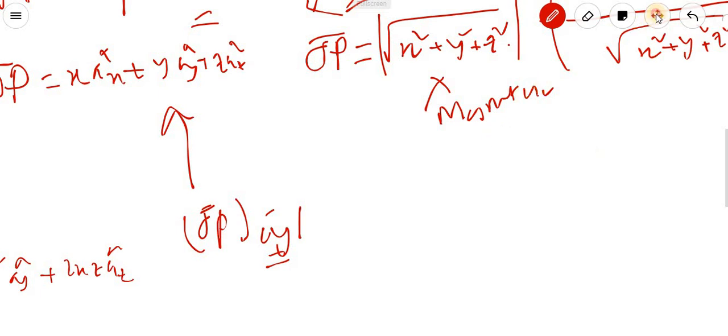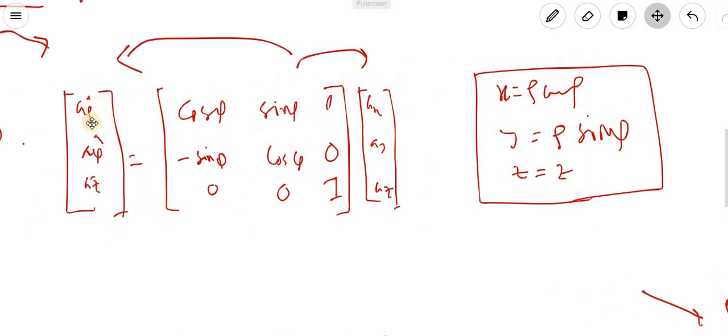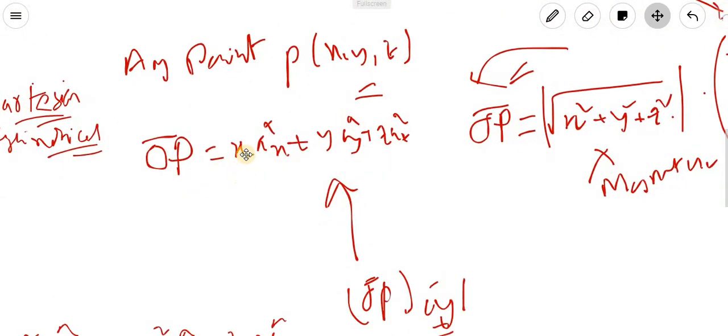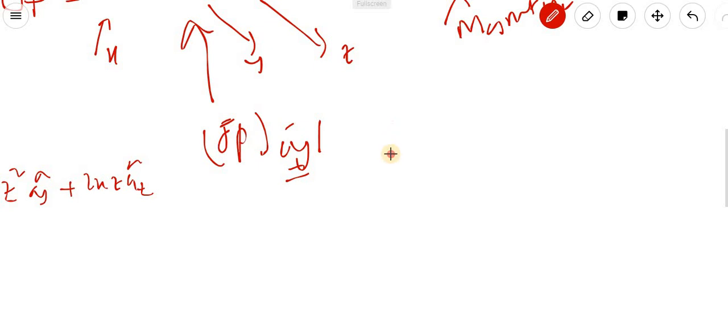As you know the relationship, we will get rho, phi, z. In Cartesian we have the x, y and z components, but for circular cylindrical we have to find the a rho component, the a phi component, and the az component.